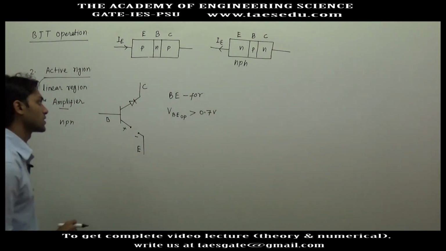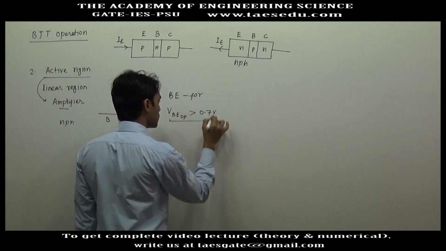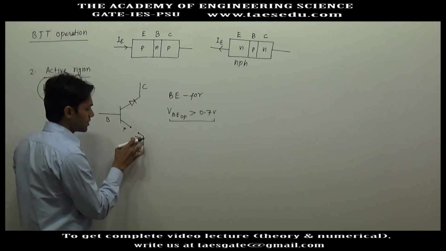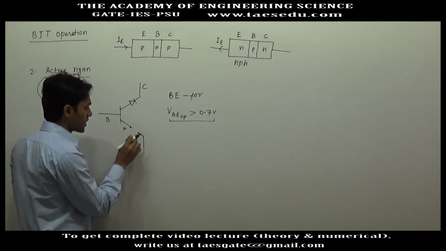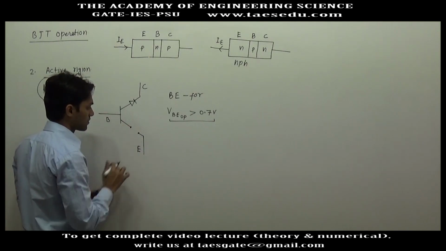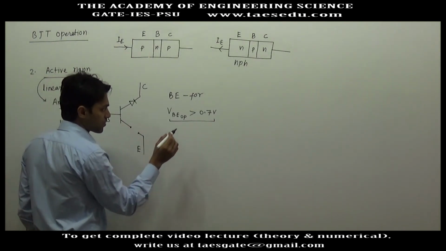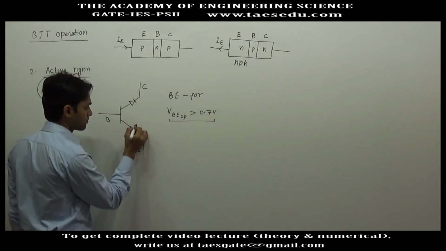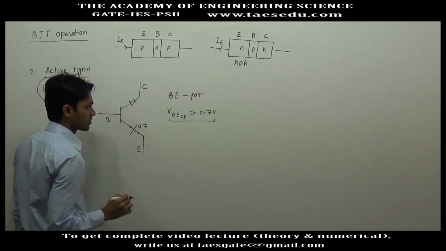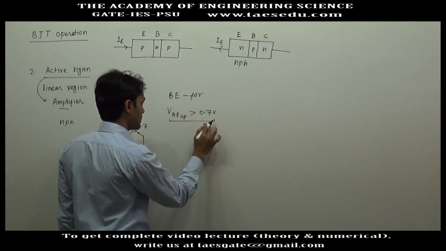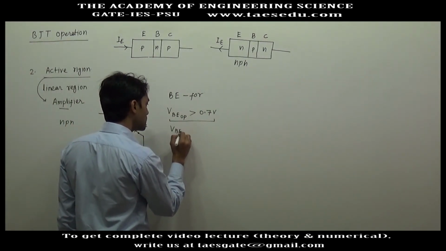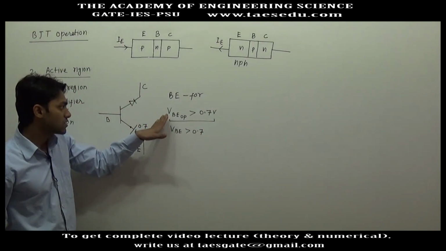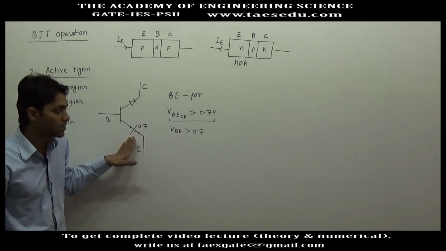When this is greater than 0.7 volt, what will happen? This diode will conduct, and when a diode conducts, there is a permanent voltage drop of 0.7 volt. So when this condition is satisfied, we will not say VBE is greater than 0.7 volt. This is just to check whether the diode is conducting or not.